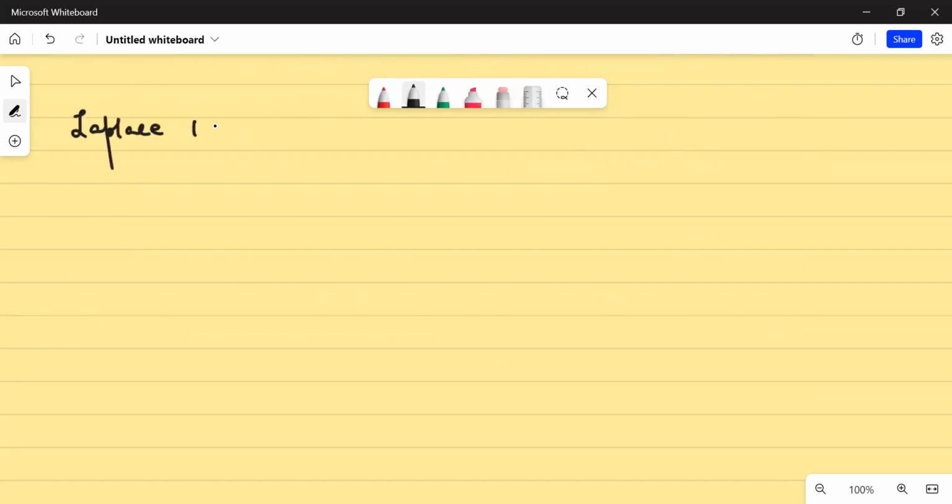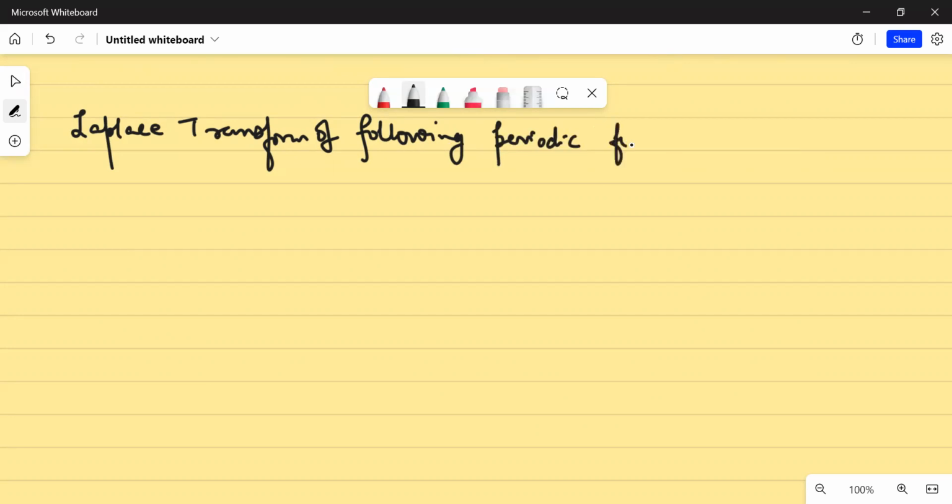And then I will also explain what the Laplace transform of a periodic function is. But right now, let us do it in the most basic manner.